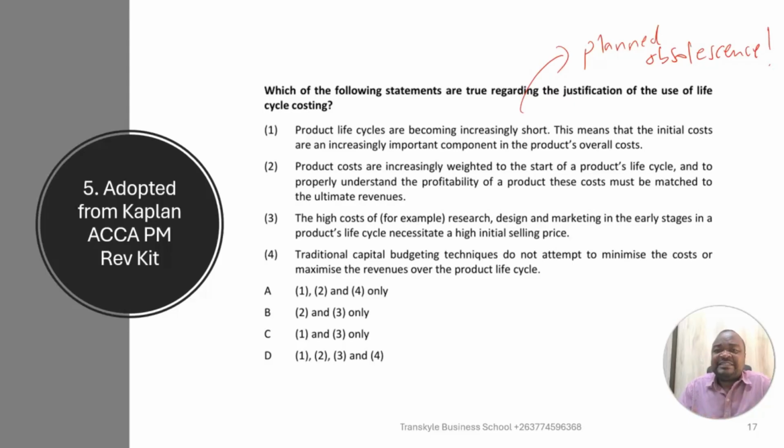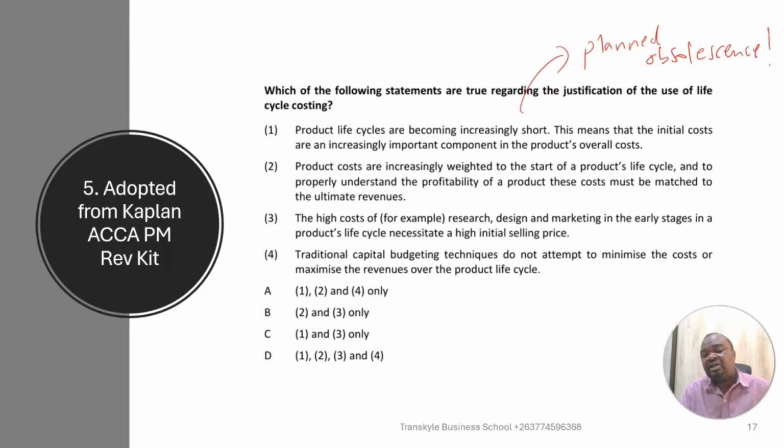So this means that the initial costs are an increasingly important component in the product's overall cost. This is why we want life cycle costing, because it gives us information on the product's initial cost, which would be spread throughout the life of the product. So when we are setting a price, that price should factor in those costs which we initially incurred.